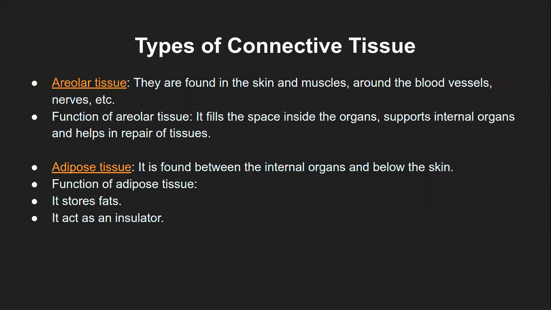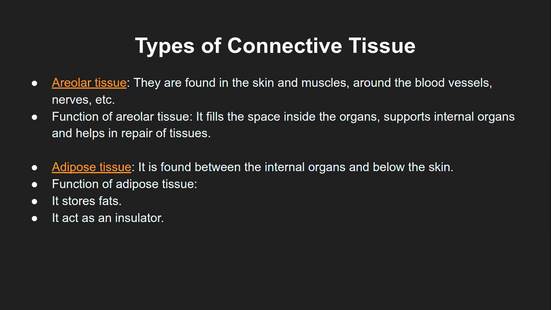I'm just checking if your textbook mentions something different. The textbook actually says there are three types: connective tissue, supportive tissue, and fluid connective tissue. Within the proper connective tissue, we have areolar tissue and adipose tissue.